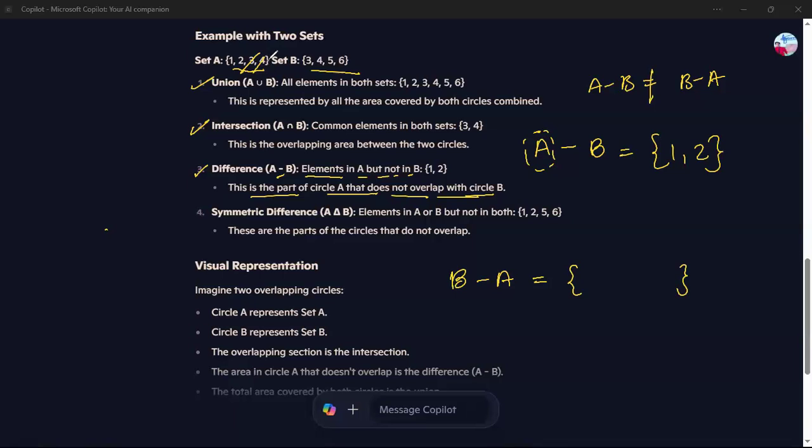Is it 5 and 6, sir? Yes, very good. 5 and 6. 5 and 6 are those elements which are present in B but not in A. Clear? Yes, sir.